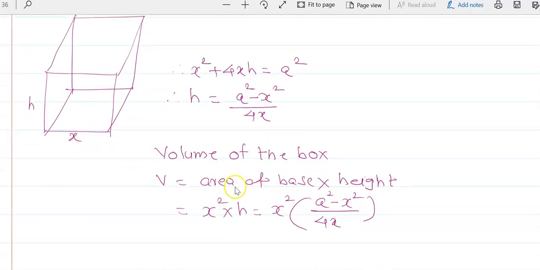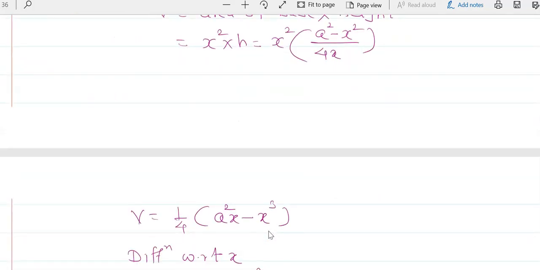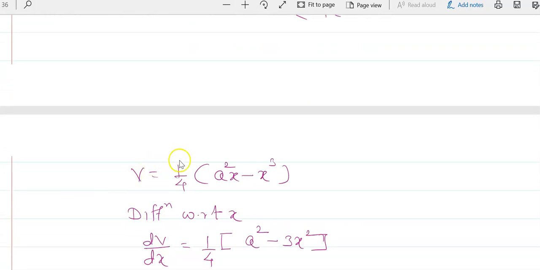The volume of the box V is equal to area of the base into height, that is x square into h. Therefore V is x square in bracket A square minus x square upon 4x. Therefore V is equal to 1 by 4 in bracket A square x minus x cube.